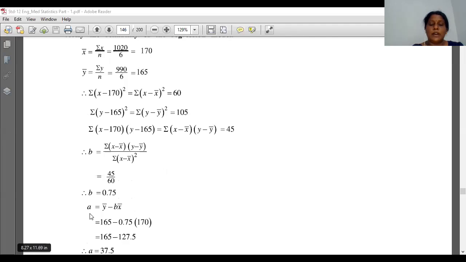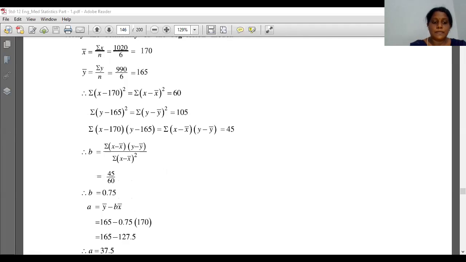And now next is to find third step, that is to find a, that is y bar minus b x bar, right? So y bar is 165 and minus 0.75 into x bar. B is 0.75 and x bar is 170.